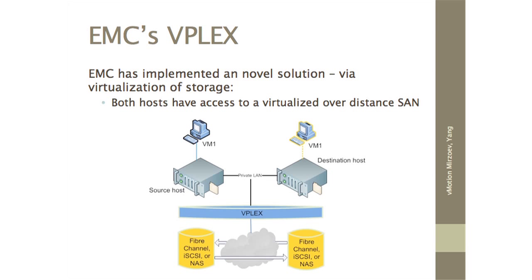VPLEX is a virtualized layer over two different storage locations. You need a connection between those devices, but VPLEX is the layer that presents both of them as one storage to both hosts. That solves the problem of the shared data store. As soon as that happens, you can vMotion between geographical locations and data centers, because you no longer have the shared storage limitation.